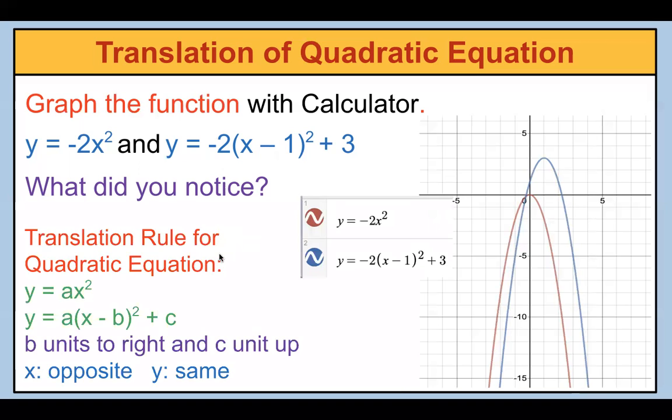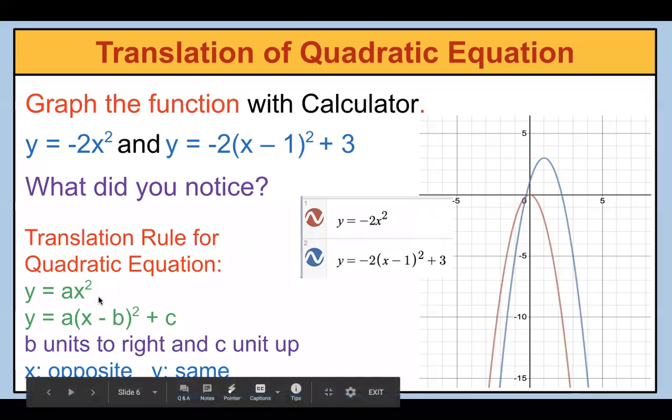That's the rule. For example, y equals a times, in parentheses, x minus b, squared, plus c, and let's say a, b, c are all positive. How do you translate from the ax squared graph? The ax squared graph is at the origin, right?